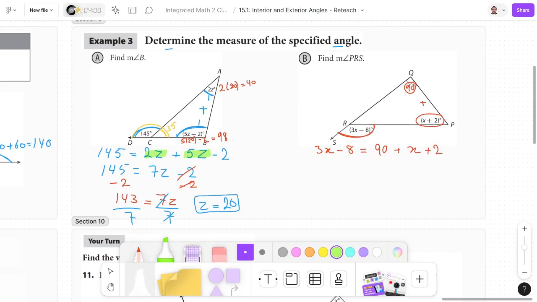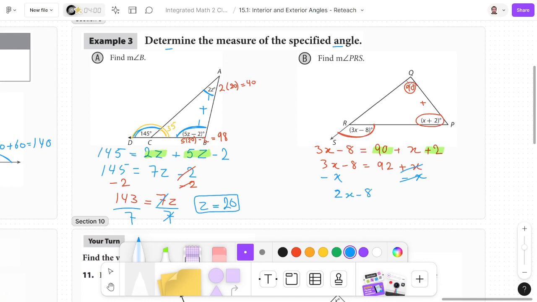Now add the like terms. We have 90 and we have 2, so 3x minus 8 equals 92 plus x. Now isolate x and move the variables to the other side. So we can subtract x. Always take the small x from the big x, so we can cancel this out.